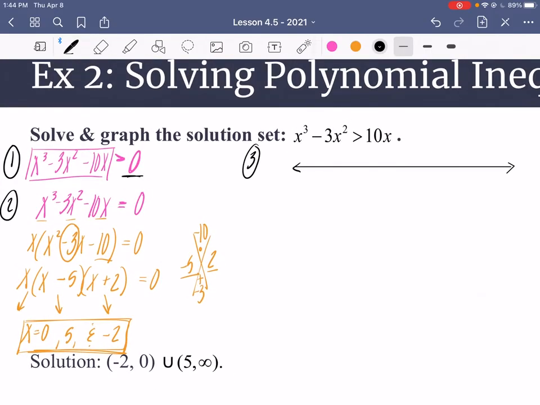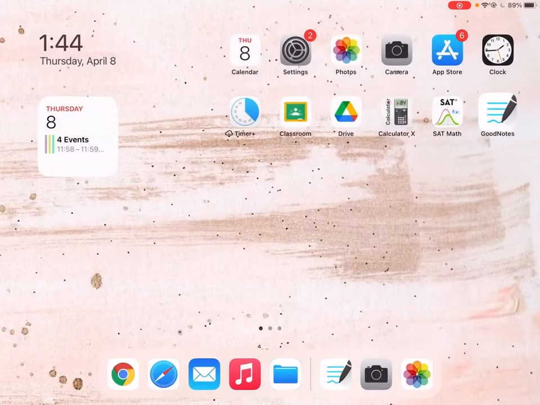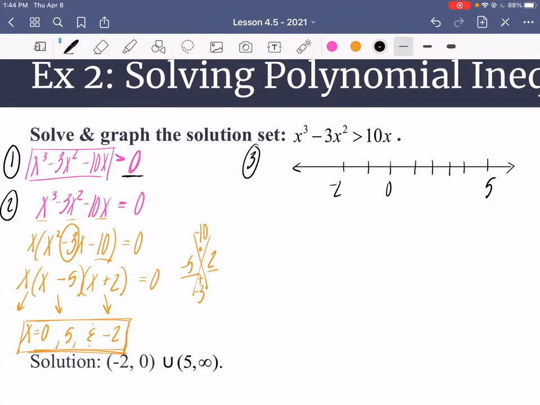Gotta set up 0. Actually, let me move it over a little bit. Negative 2, and positive 5. Okay, now because this is, again, just a greater than symbol, all of these boundary points are going to be holes. Okay, so I put a hole here, here, and here.